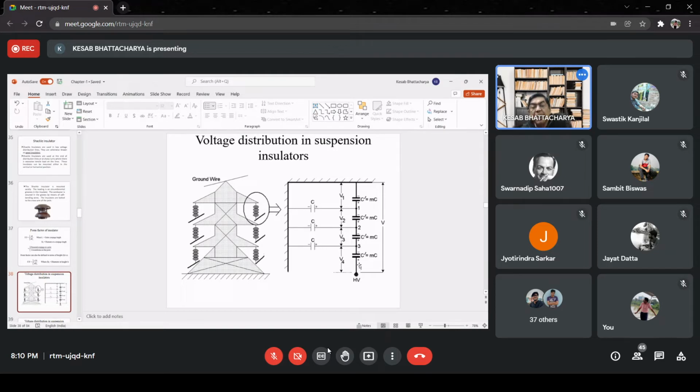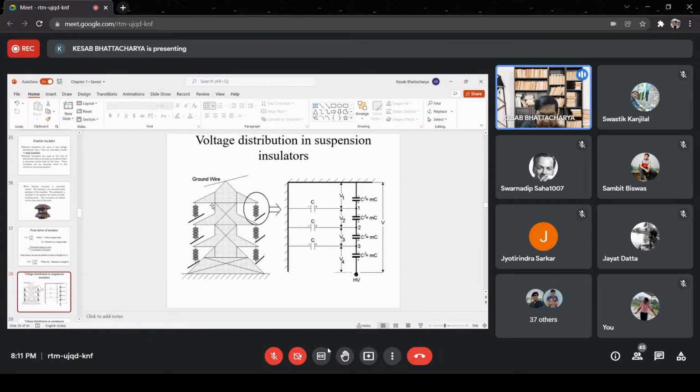Similarly, the capacitances formed between the tower body and the metal pins will also be identical so long as the distance between these metal pins and the tower body remains the same. And that usually happens.